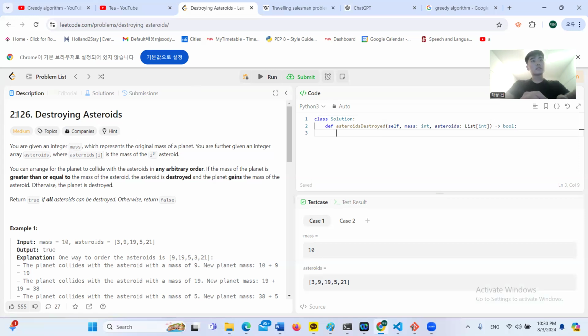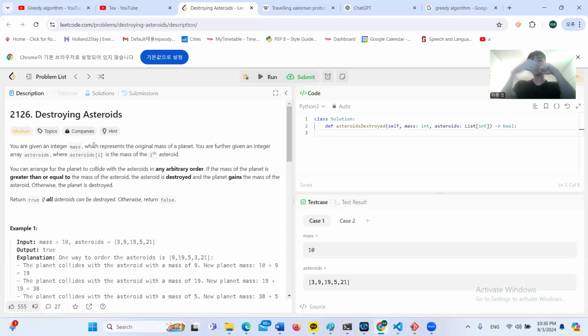Anyways, let's look at this medium level difficulty problem, 2126, Destroying Asteroids. So given an integer mass, which represents the original mass of the planet, you're given an integer array asteroids, where asteroids[i] is the mass of the ith asteroid.